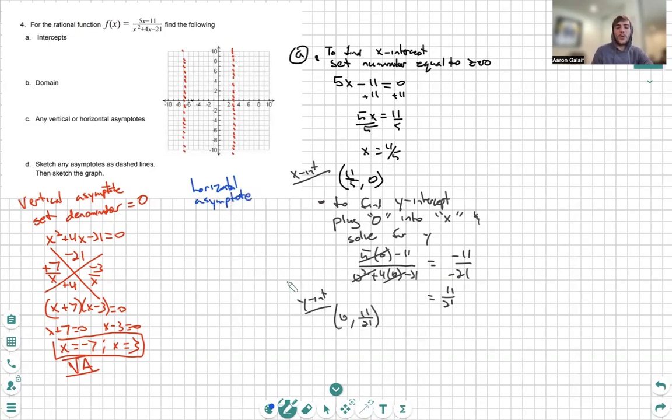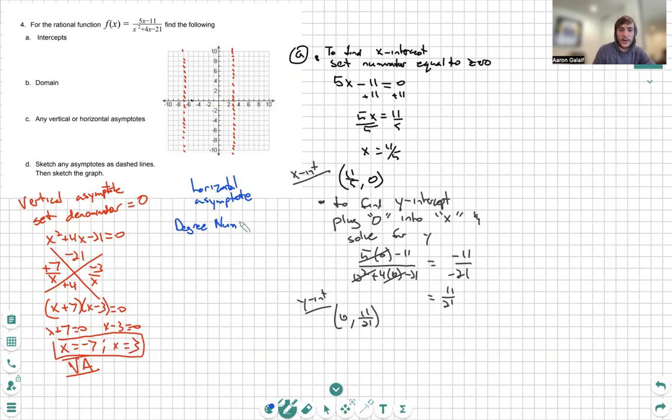For the horizontal asymptote, what we need to do is look at the degree of the numerator and the degree of the denominator. If the degree of the numerator is greater than the degree of the denominator, which we rarely have, we're not going to worry about that one.